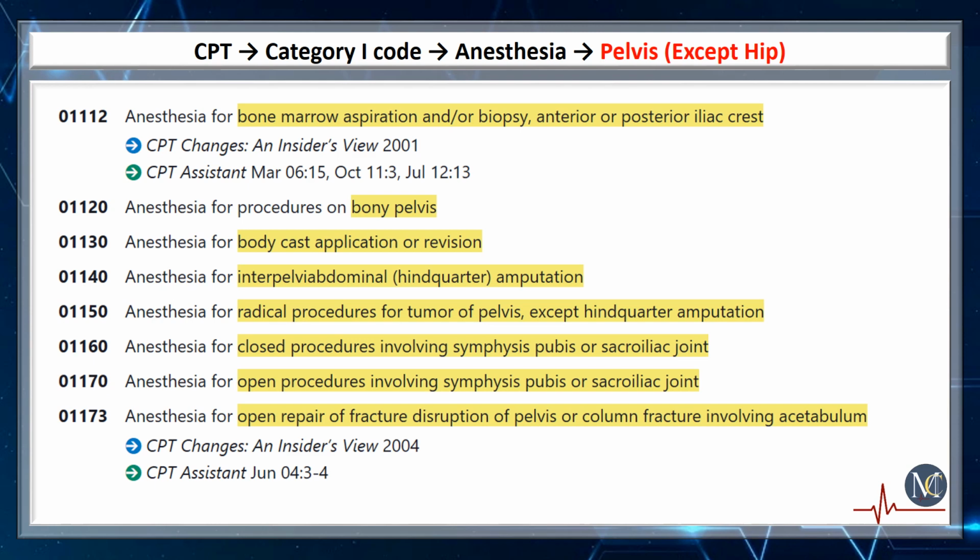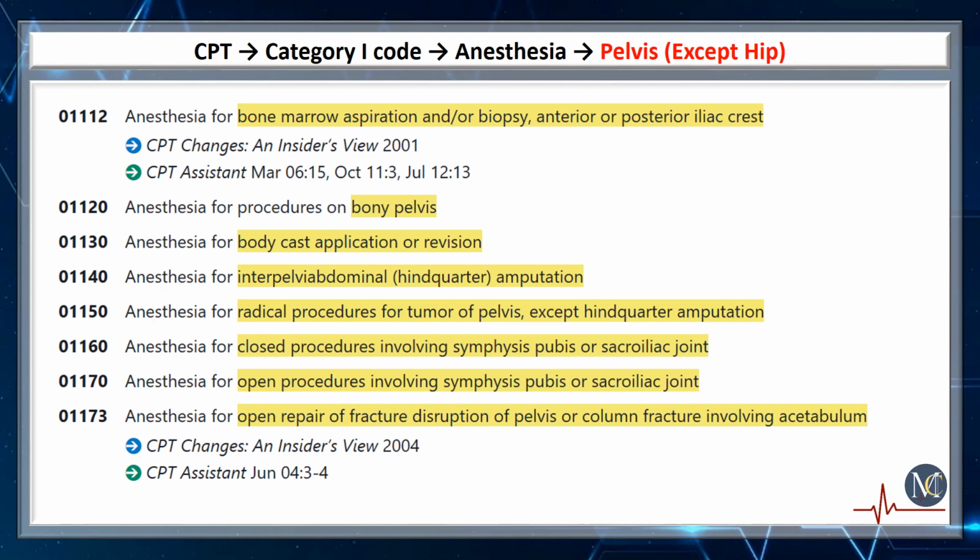Closed procedures involve making small incisions or punctures to access the surgical site. Surgical instruments such as endoscopes or laparoscopic instruments are inserted through the incision or puncture to visualize and manipulate internal structures. Next code is 01170.